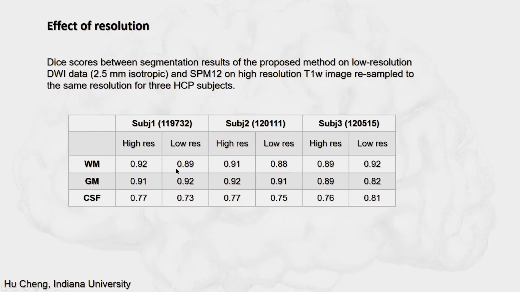Overall there is a slight decrease of the DICE score from high resolution to low resolution, but this number is very small and not always a decrease.